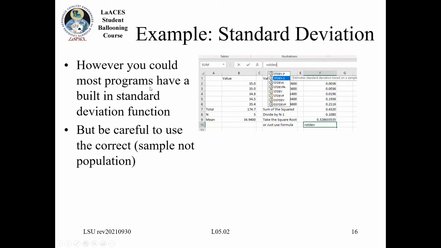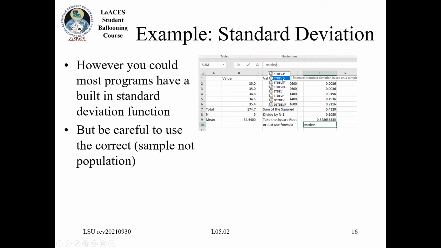But I don't really need to go through that, at least in Excel and most other data analysis software. They're going to have the function built in. So it'll be named something like standard deviation, and you'll just select the 5 samples and it'll give you the value. But one thing you need to be careful of here is you will see that there's stdev.p and .s, right?